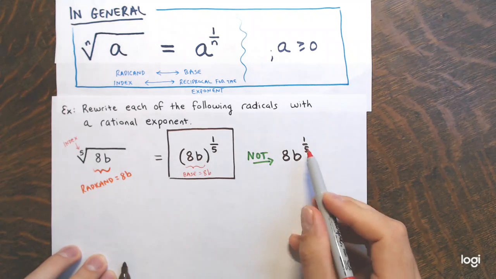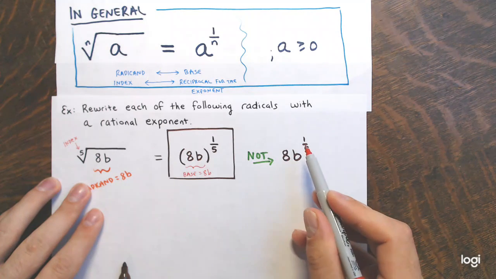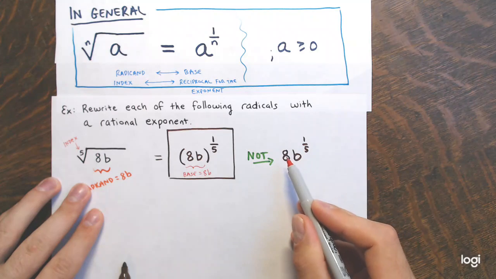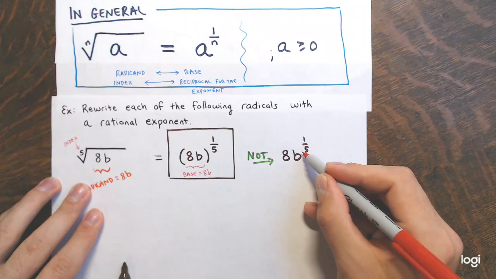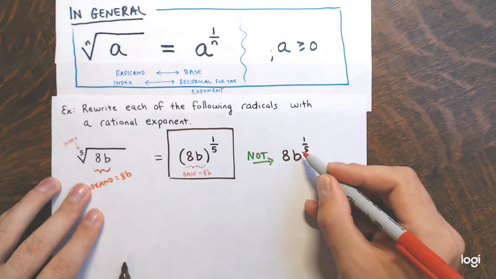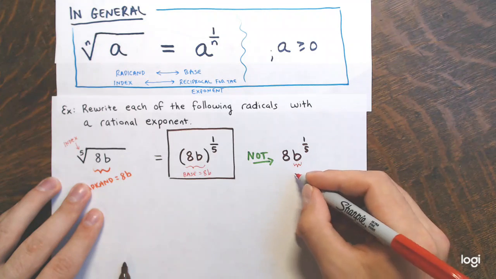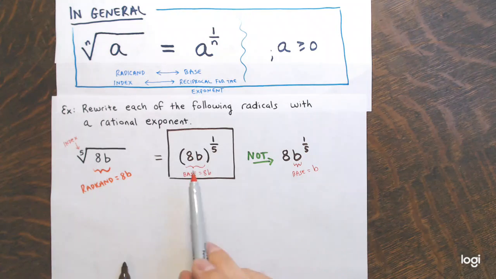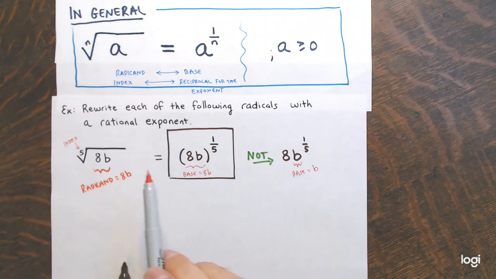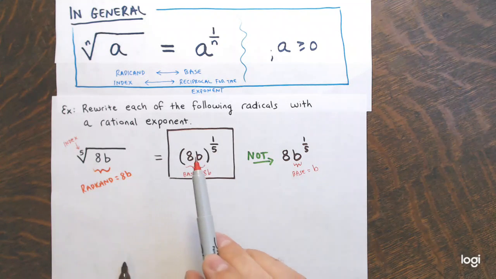But over in this expression, the 8 is not raised to the 1/5. It is under the radical, but it's not in parentheses under the 1/5. The only part of this expression that's actually the base of the 1/5 is the b, and that's it. Not the 8. Just the b. So these are totally different. You would not write that for the 5th root of 8b. For the 5th root of 8b, you have 8b in parentheses to the 1/5 power.